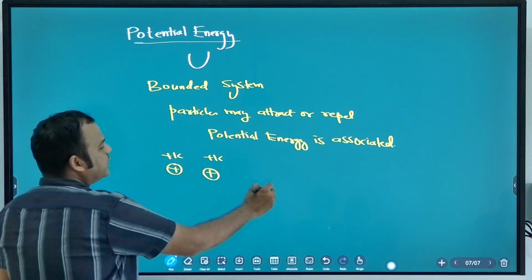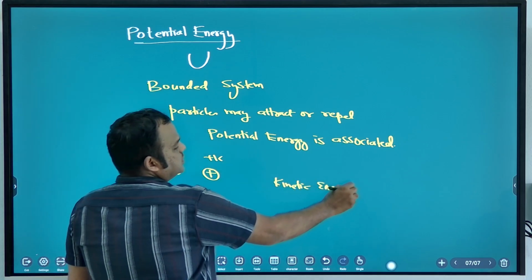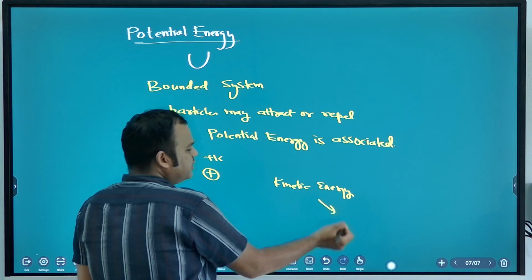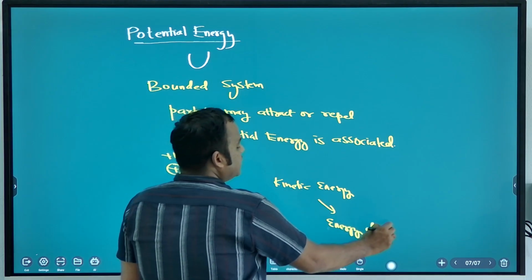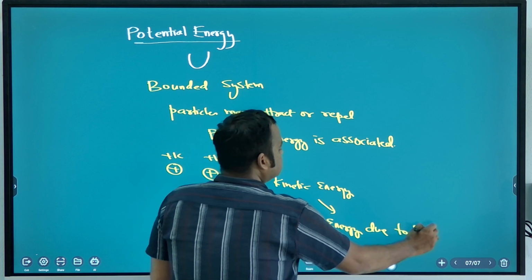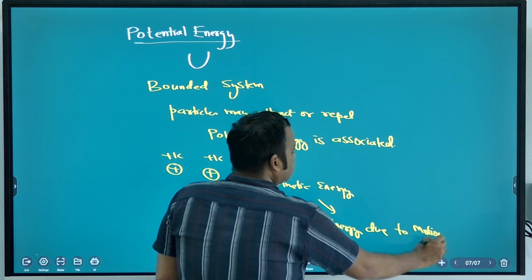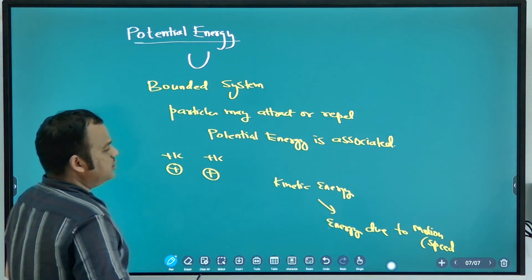Like kinetic energy. You know what kinetic energy is? Energy due to speed. When something is in motion, we say it has kinetic energy. Energy due to motion, like a car, a bullet, a stone, a ball.